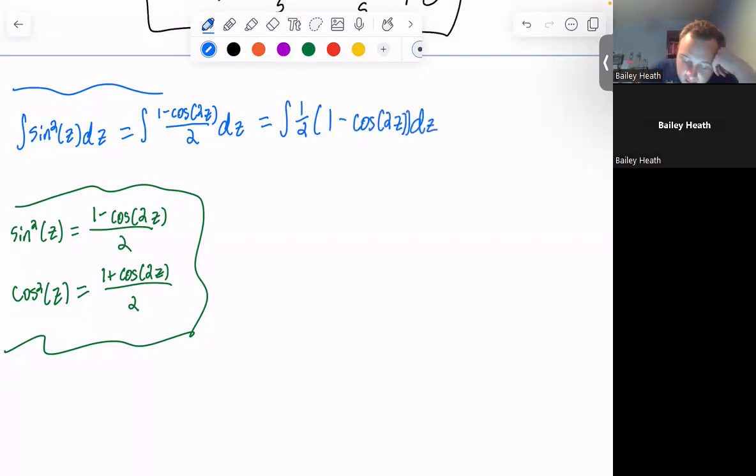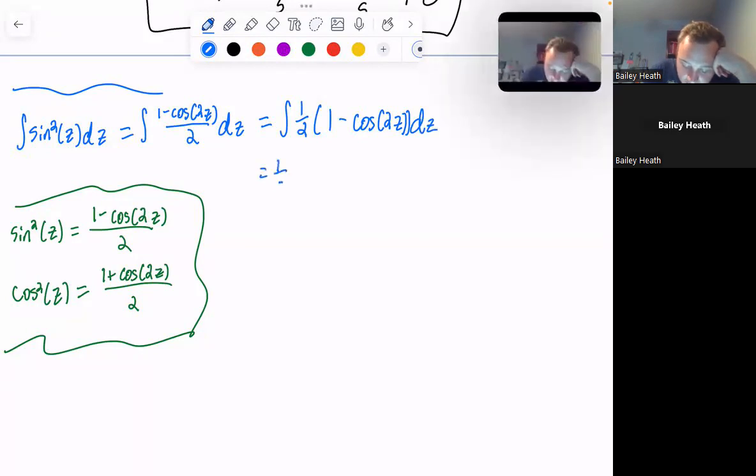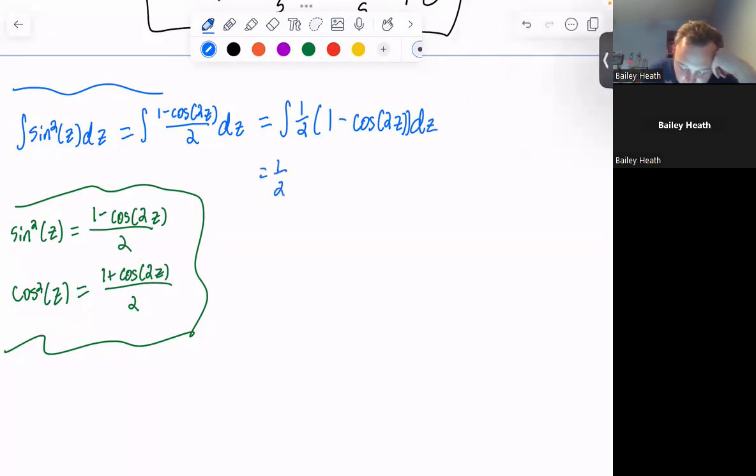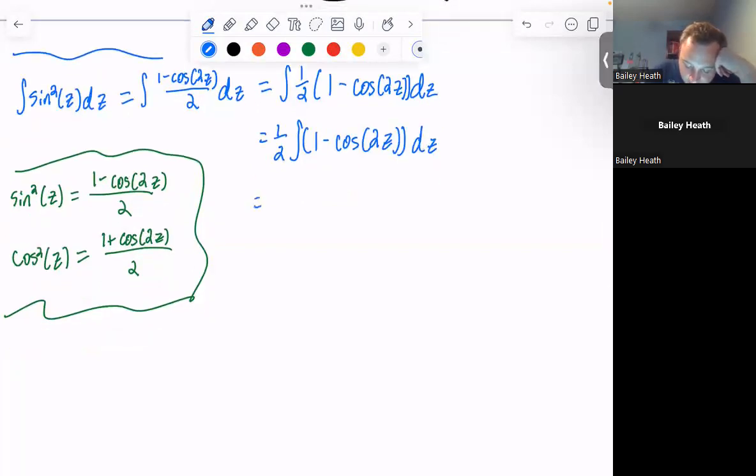In particular, that means that I can pull this 1/2 out front. So 1 minus cos of 2z dz. Now this becomes 1/2. The antiderivative of 1 is just z.